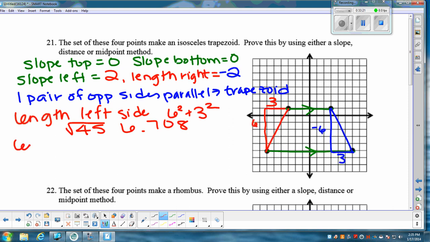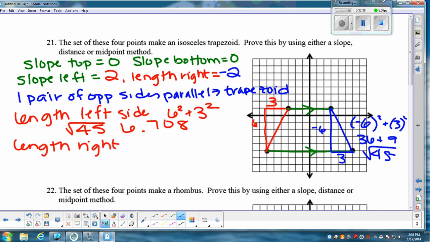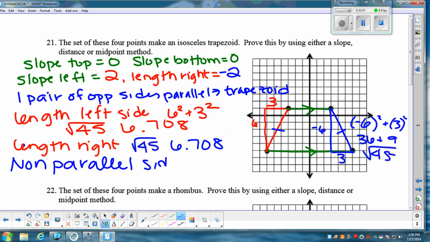The length of the right, we went down 6 over 3, so that's -6 squared plus 3 squared, which is still 36 plus 9. So we get the square root of 45 again. So we do know that those legs are congruent. So the non-parallel sides are congruent. So our trapezoid is isosceles.